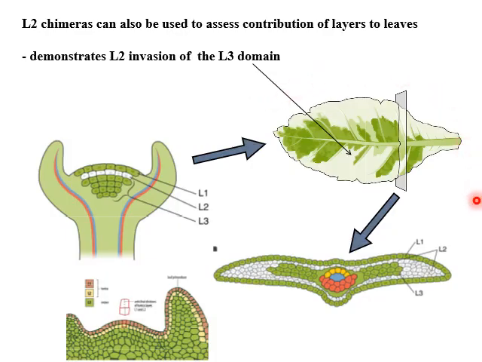Yeah, so this is a leaf of an L2 chimera, for example, in Benjamin ficus, varieties that have this decorative white margin of the leaves. And what you see in the interior here, that is the green part, are the daughter cells of the L3 layer in the meristem. And you have more or less a large part of the L2 layer here.